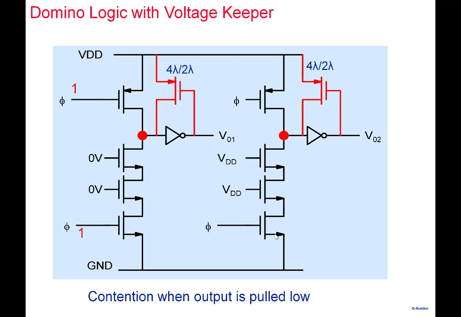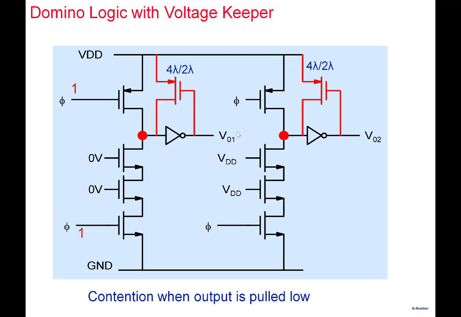So that's sort of a problematic part. For that reason, this is kept very weak, 4 lambda by 2 lambda, and the sizes here are kept large so that the strength of the pull down network is significantly higher than the strength of the pull up. So it's able to pull it down, but still there's a loss, because something else is trying to maintain it at a high value. So this causes some issues here.